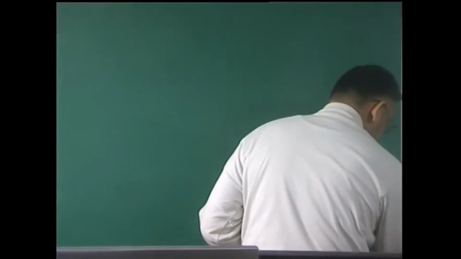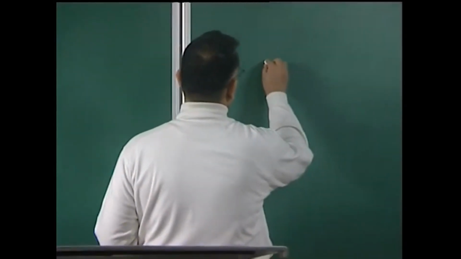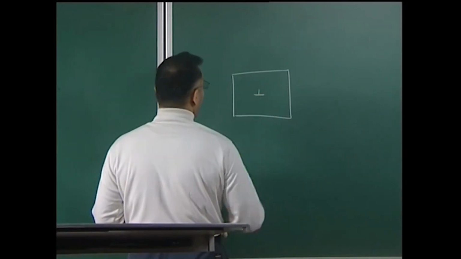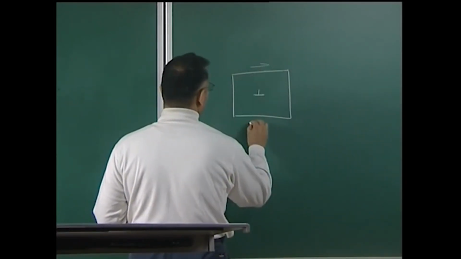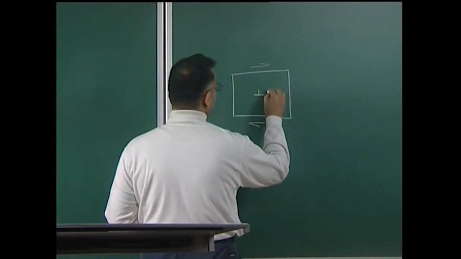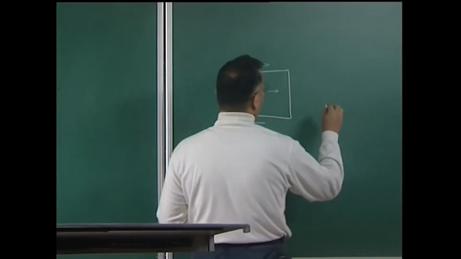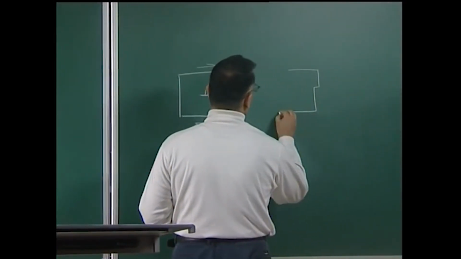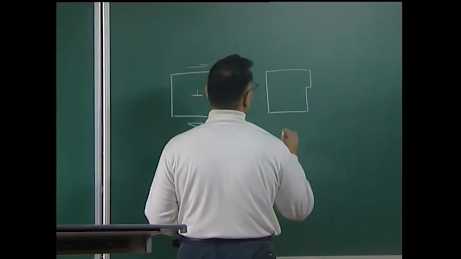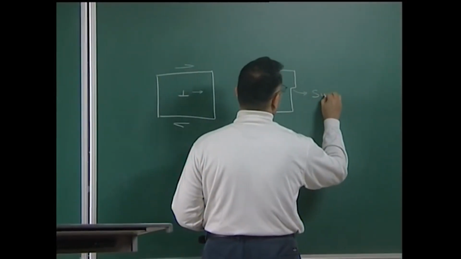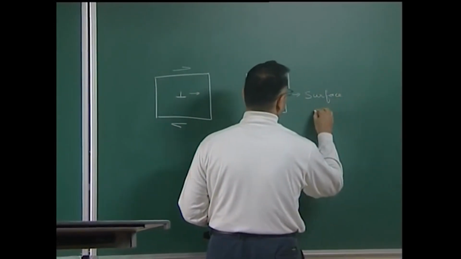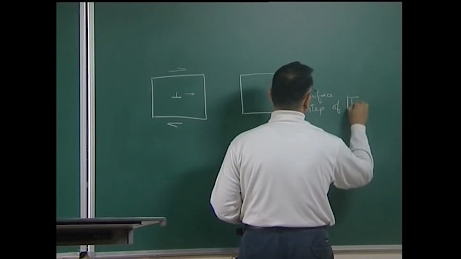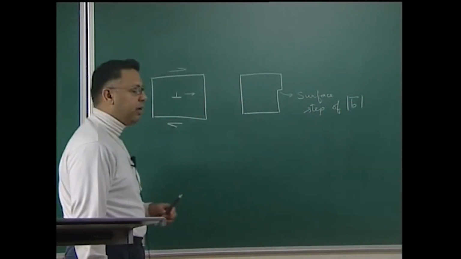For instance, suppose I have an edge dislocation in a material. And now suppose I apply shear stress on this material, then there is a tendency for this dislocation to move, and finally this dislocation would come out of the crystal and create a surface step of magnitude b.